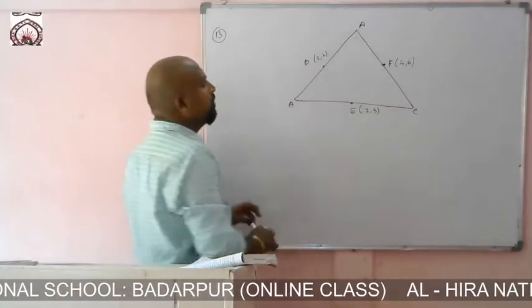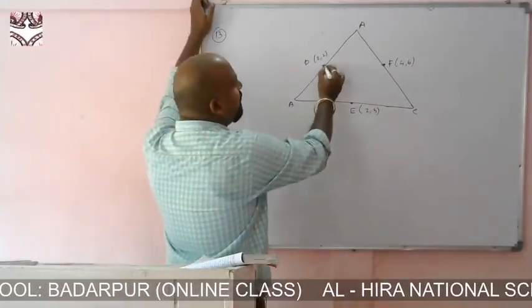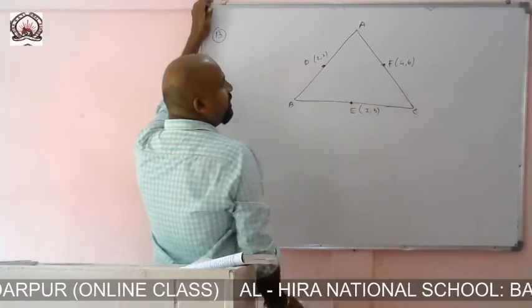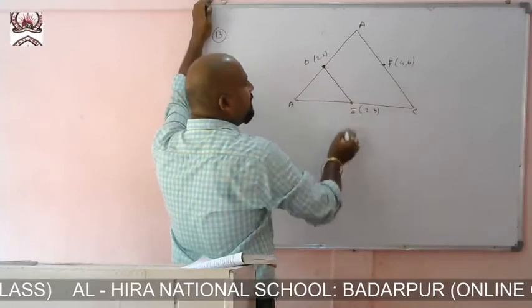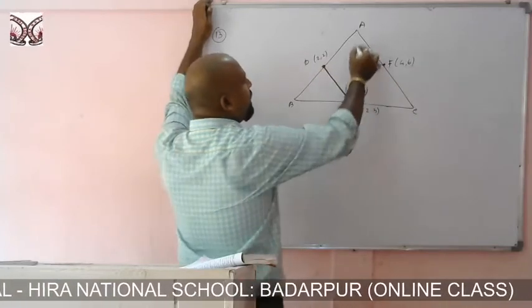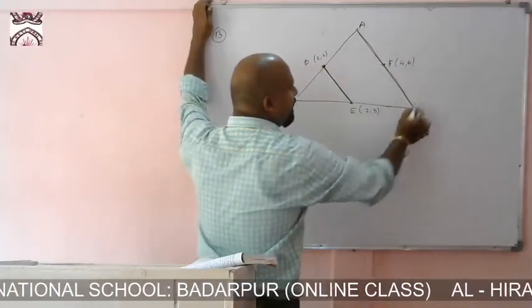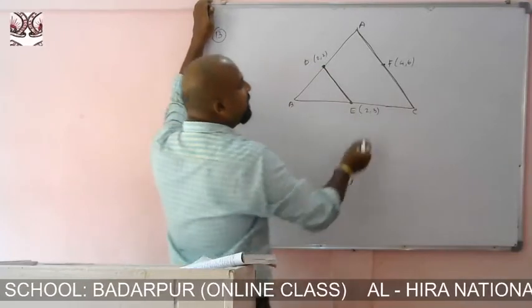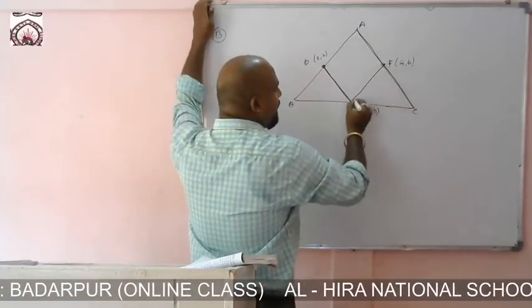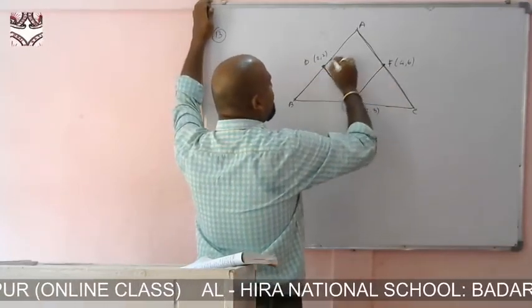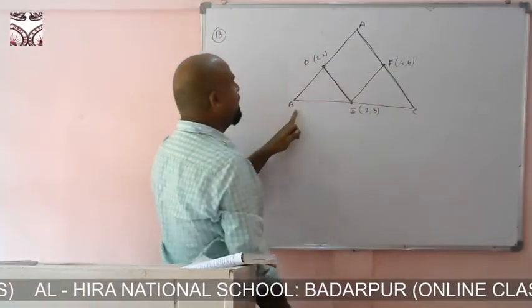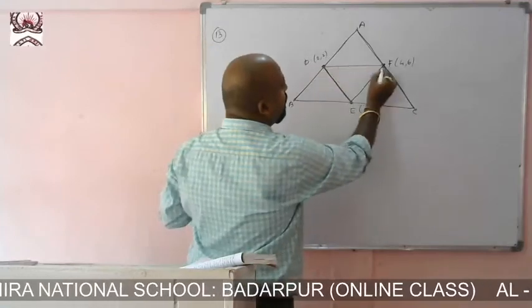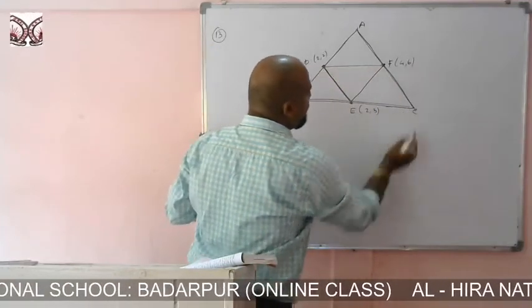Now these points D, E and F are the midpoints. According to our theorem, the line DF will be parallel to the line AC. Similarly, the line FE will be parallel to the line AB.